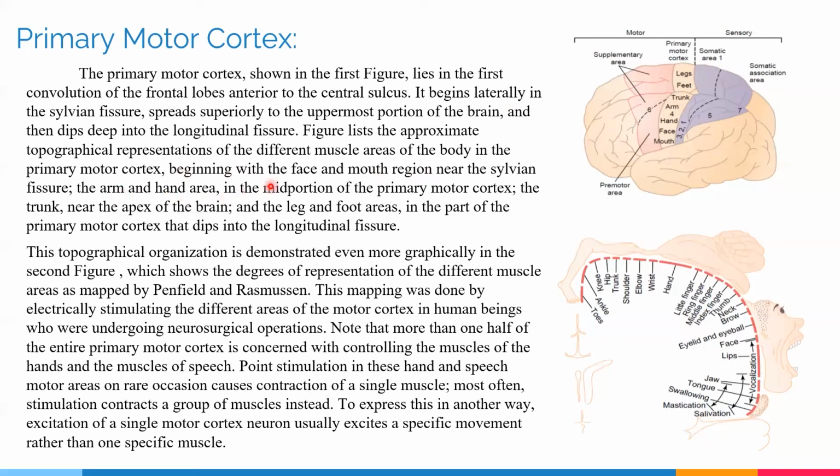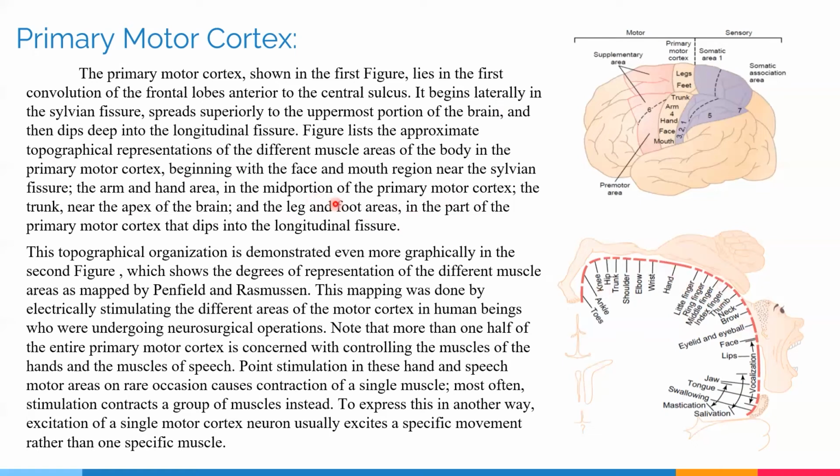Beginning with the face, now we are talking about the second figure, that is right here. Here in the second figure, we are shown which part of the motor cortex corresponds to the particular muscle that is present in our body. So here we can see that this particular part corresponds to the face and mouth region near the sylvian fissure, followed by the eye and hand area, which are right here.